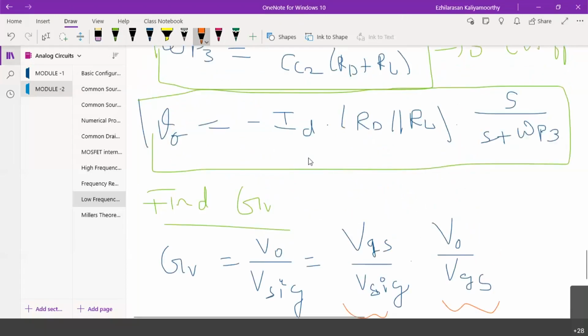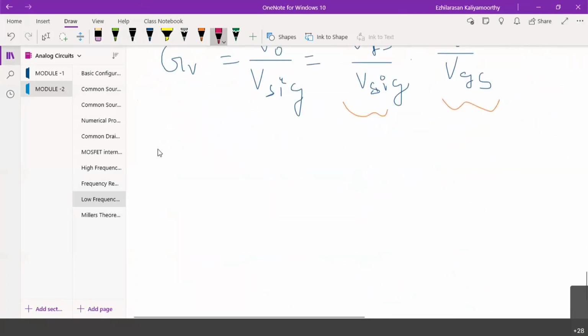See, V naught is equal to minus ID. Already we know the value of ID. Substitute the value of ID in V naught.